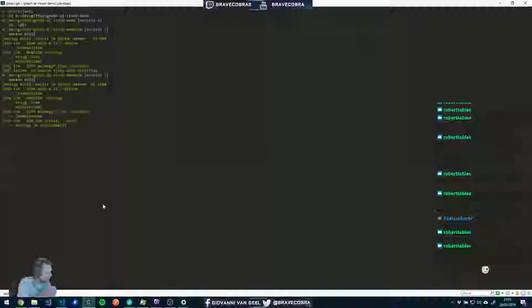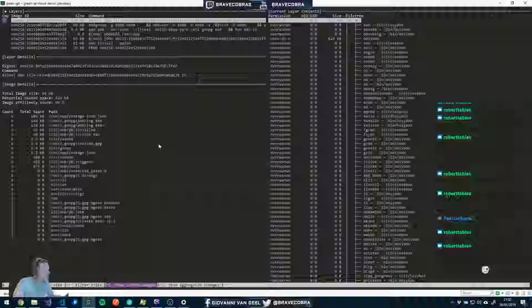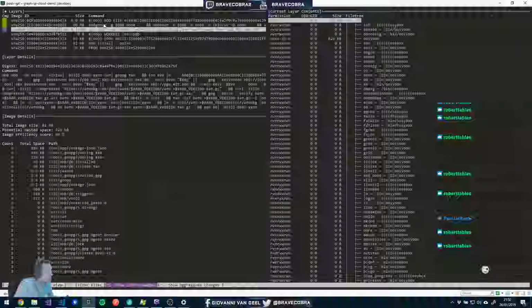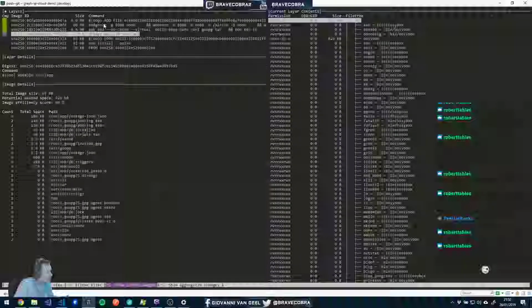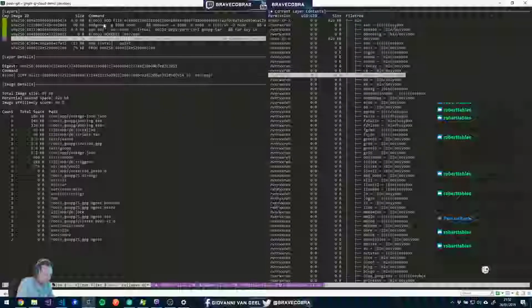So do the Docker build. That should give me an ID of the Docker builds. So that should be, no, not that one. It's going to be that one. And I just do dive, and that's it. And that fetches me the image. And then I get an output where we see for each individual command that we have in the Dockerfile how much that adds, and at the same time you can see what the changes are.